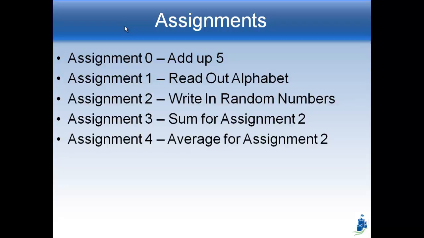The second one I'm going to upload to Edmodo. It already has an array previously stored in it, and it's your job to read it out. The array has 26 elements with A, B, C, D in each one, and your job is to read it out and write the alphabet. Then you're going to write another one where somebody puts in, say, 100 in one text box.